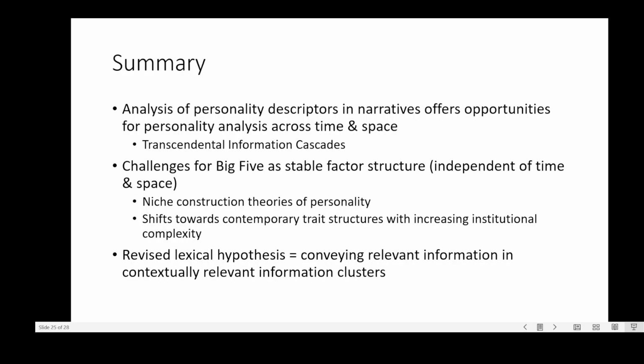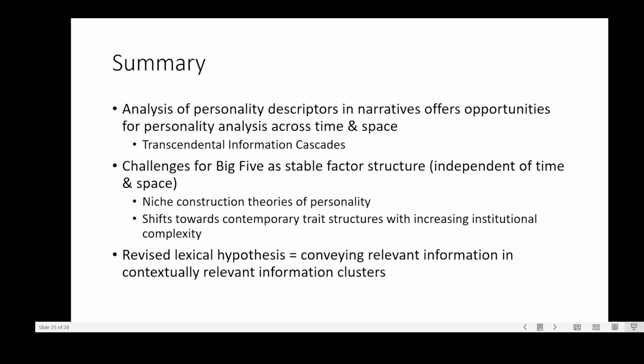So, in summary, we believe that the analysis of personality descriptors that are available in narratives offer really unique opportunities to analyze personality dimensions across time and space. In particular, the transcendental information cascade approach, I think, has a lot of potential.